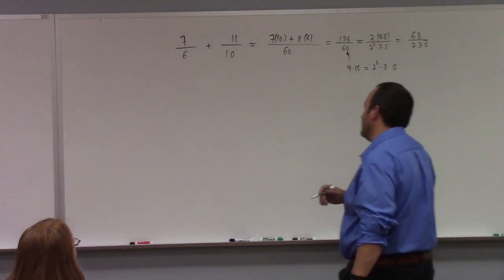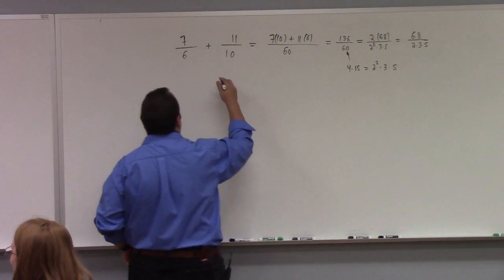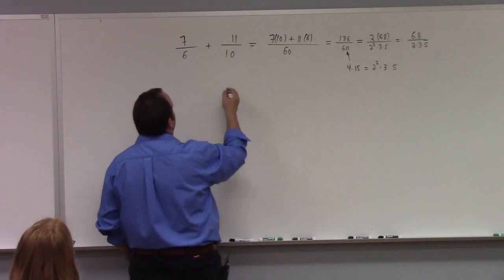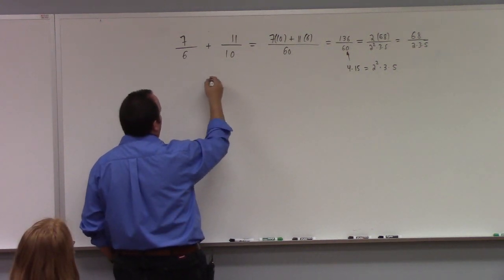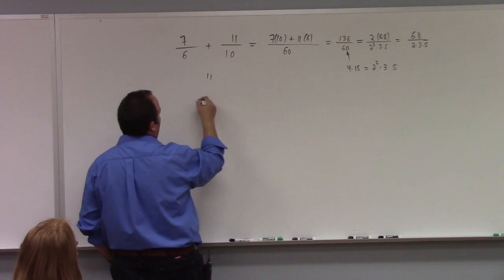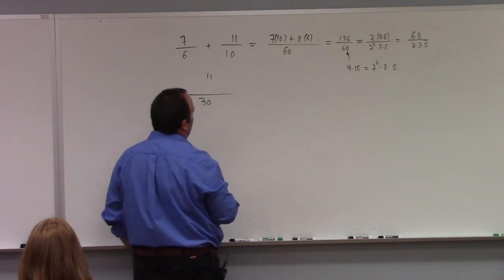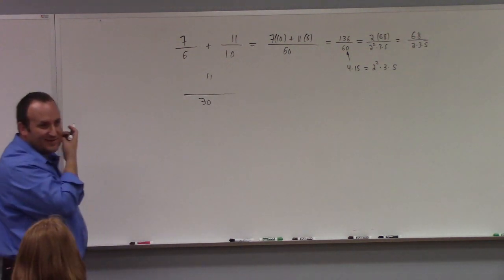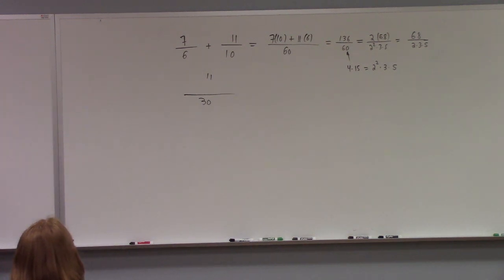Are you serious? 4th grade? Oh my goodness, what is this world coming to? Of course, you want 30ths, right? Learned in 5th grade. What is 30 to 6 and 10? Yeah, least common multiple. That's the way to go.